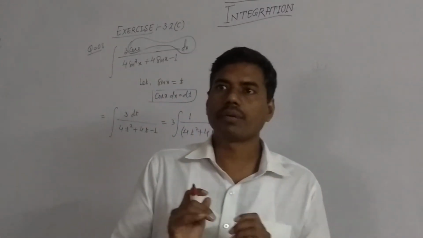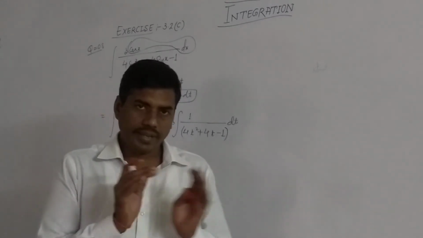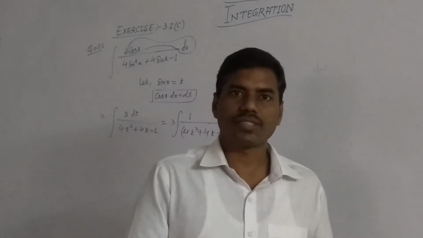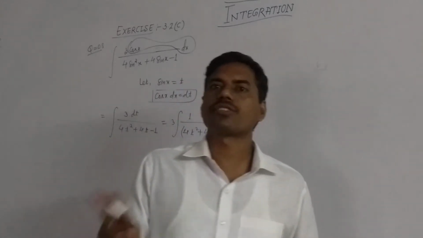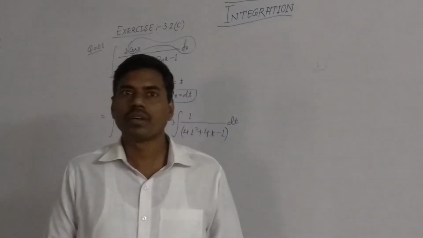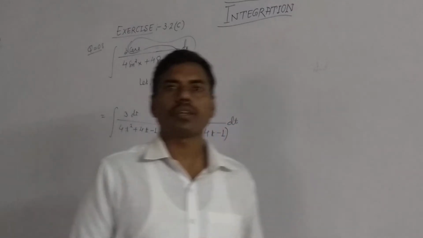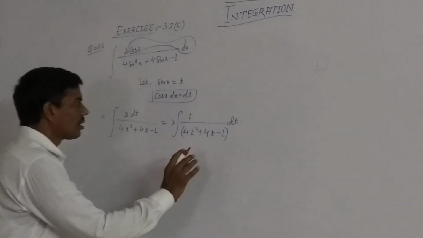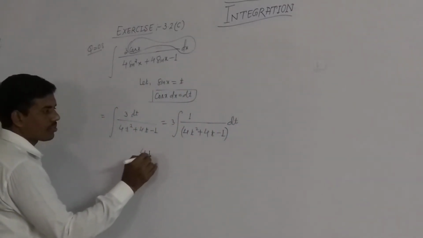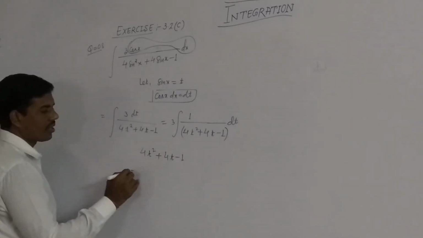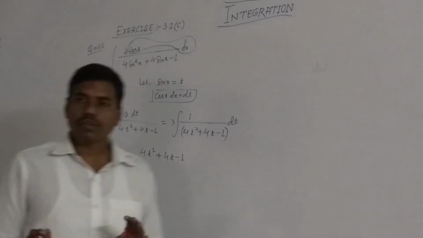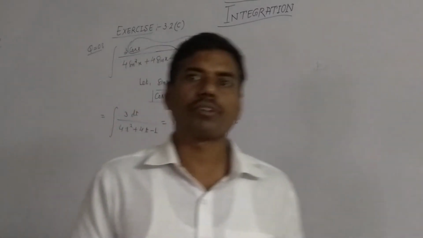We have to make ax square plus bx plus c a perfect square, in the form x square minus a square, or x square plus a square. So you can write it as 4t square plus 4t minus 1. What is the process to make a perfect square?